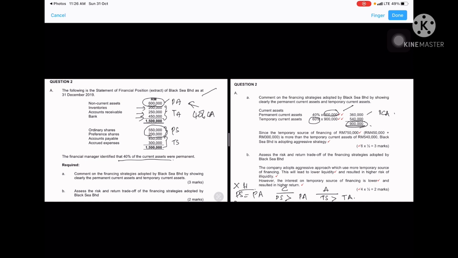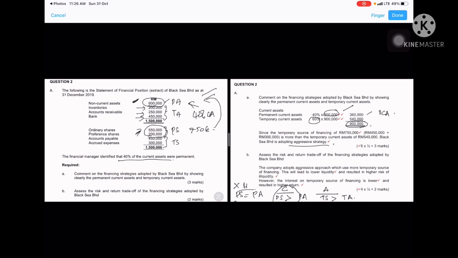If we see the second option, our permanent asset is 600,000 compared with the permanent sources of 750,000. So our permanent sources is bigger than our permanent asset. So in this category, the conclusion is that this is the aggressive strategy.